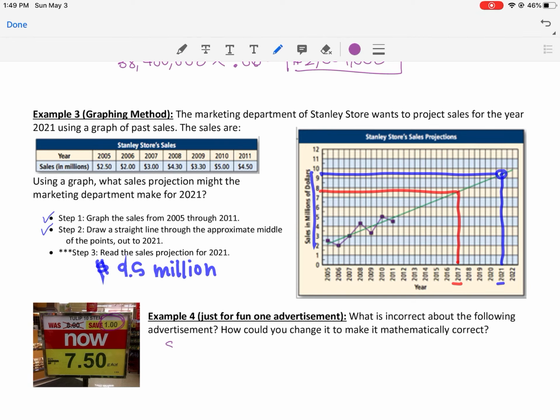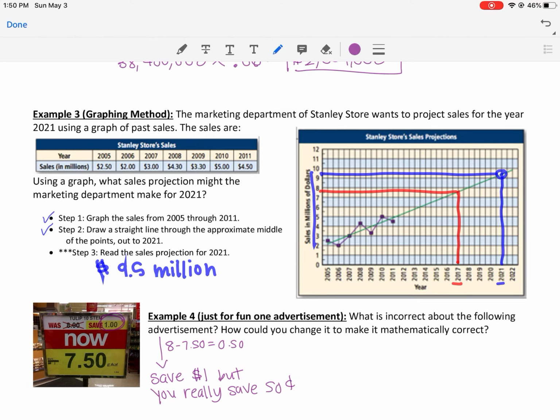What is the difference between 8.50 and 7.50? Well, that's only 50 cents. So what's wrong with this is that it says you save $1, but you really save 50 cents. I think there's something over here on the left that says you buy 2. So I guess if you buy 2, right, then you have $1 of savings.